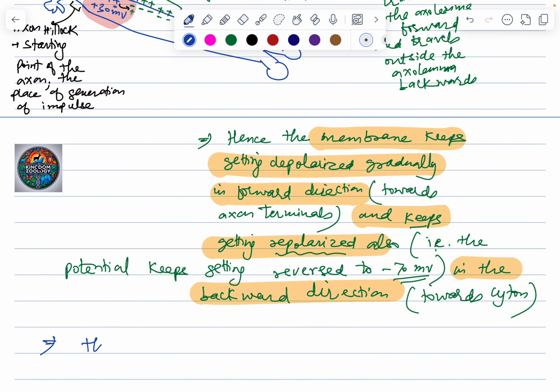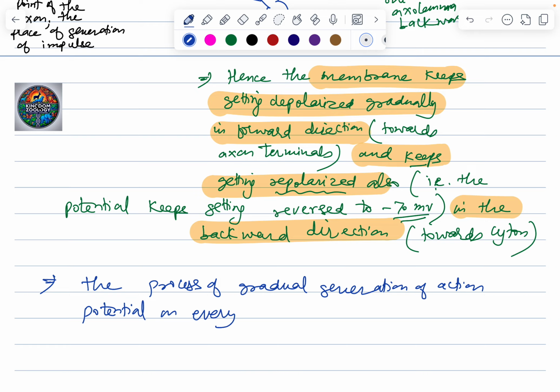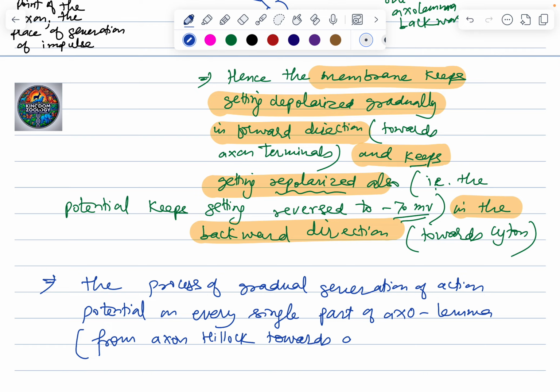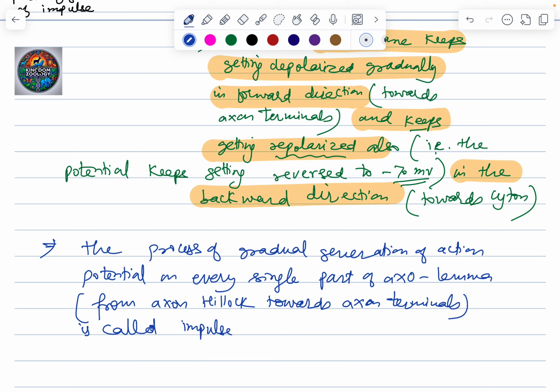The process of gradual generation of action potential on every single part of the axolemma from the axon hillock towards the axon terminals is called impulse transmission.